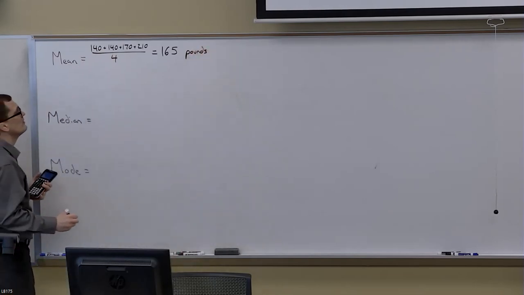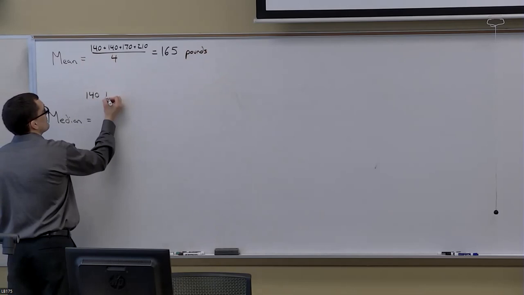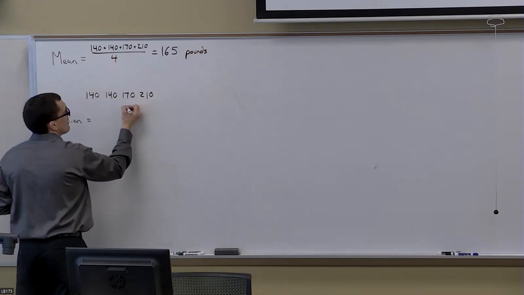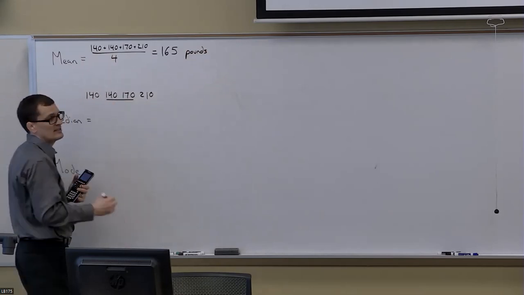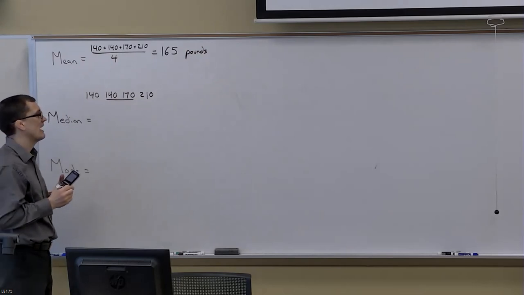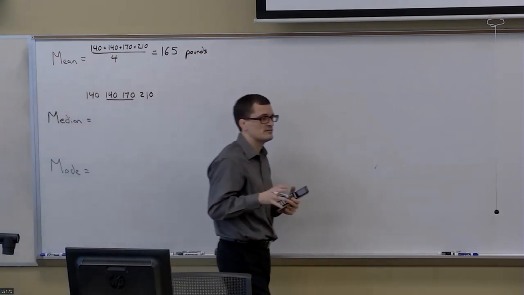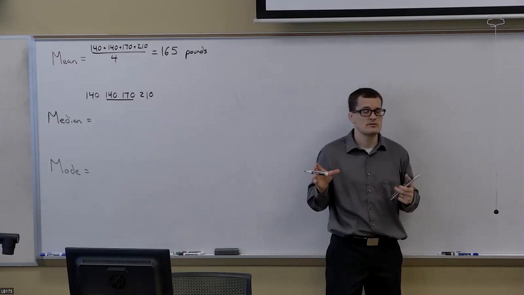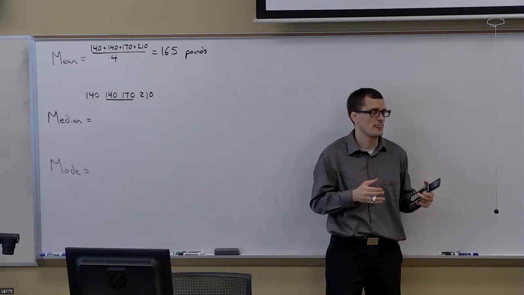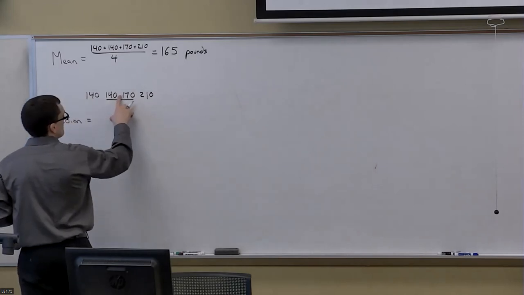Okay, the median. This one is interesting because when you order the numbers numerically, there's an even amount of numbers in our set, so I don't have a true middle number. In my last example, there were 5 numbers in our set, so the third listed was the true middle, right? Here, I don't have a true middle number.